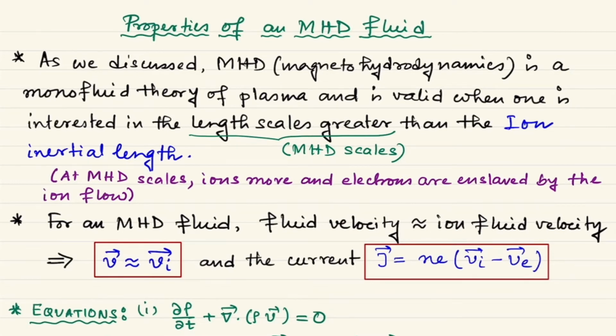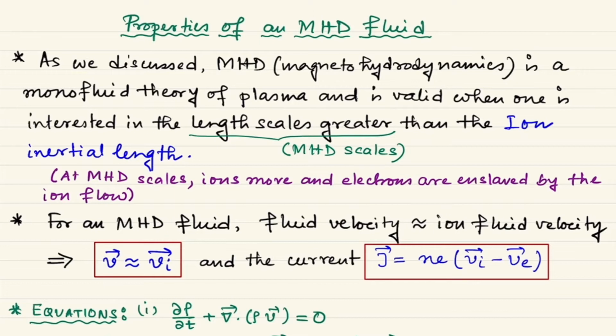Roughly speaking, if we are interested in time scales much greater than the inverse of the ion or electron gyro frequency, or the reciprocal of the ion plasma frequency, then in most cases it is almost guaranteed that we are in the MHD regime.